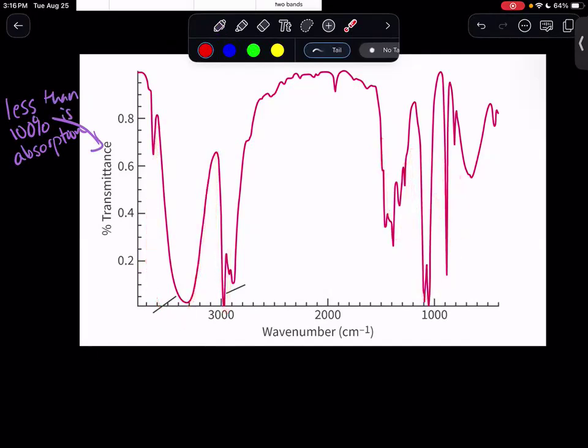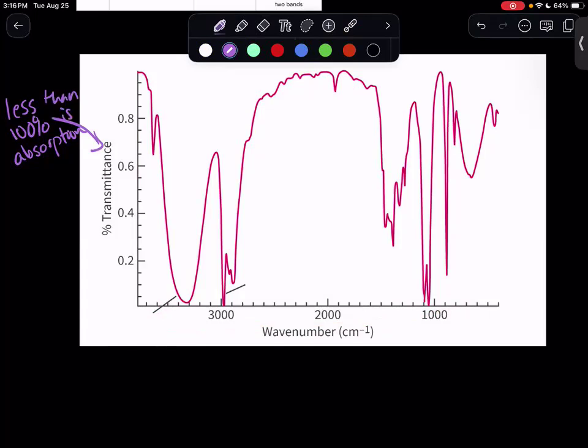So we have less transmittance, light is not being transmitted through. And you'll notice it's percent, so we of course have decimals. Also, as we see our wave number, you'll notice it increases going back. It is an inverse.